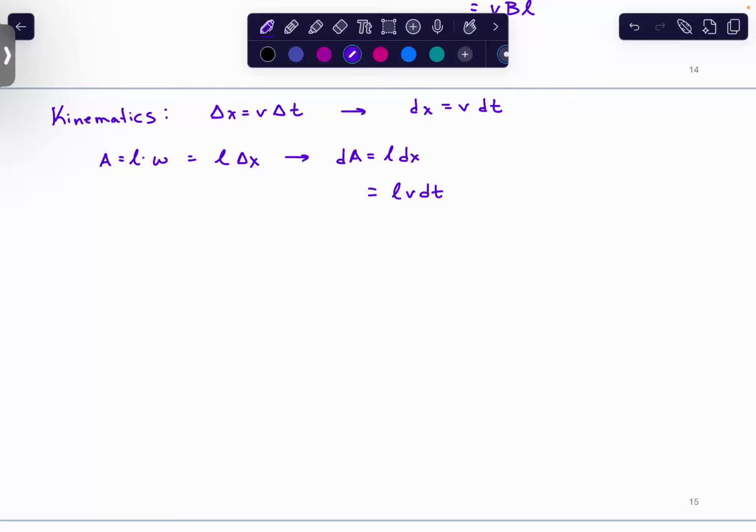Okay, so if we go back to our flux, what we're going to do now is differentiate. That's just going to get rid of the integral.